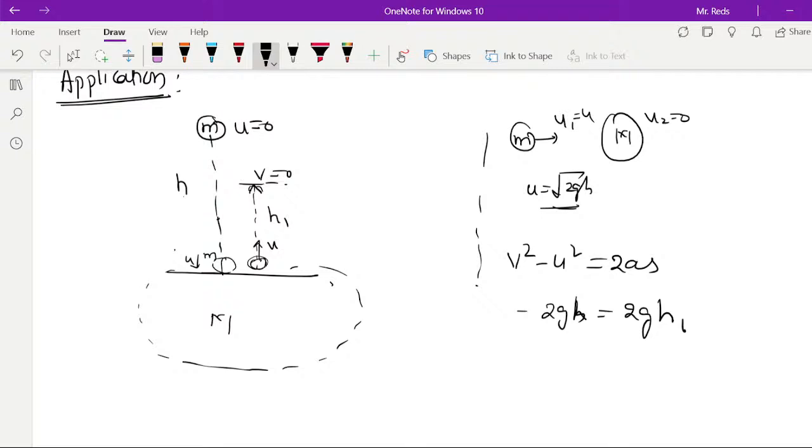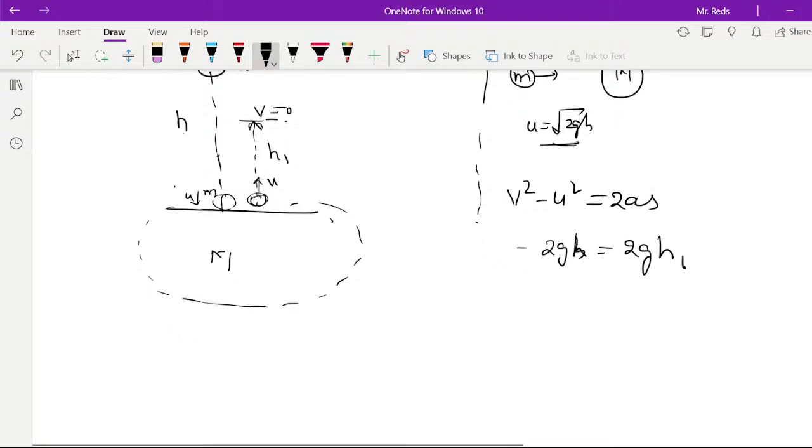Actually here, one thing, guys, I would like to apply the definition of coefficient of restitution. e is equal to relative velocity of separation by relative velocity of approach, v2 minus v1 by u1 minus u2. Here v2, the velocity of the second body, after collision is also 0, minus v1, which will be in the opposite direction, so you can take it as square root of 2gh1 after collision.